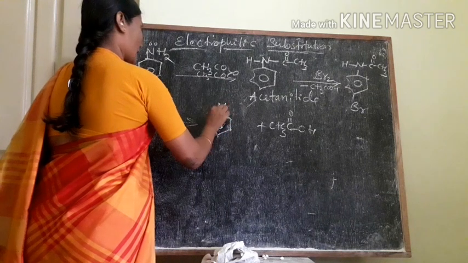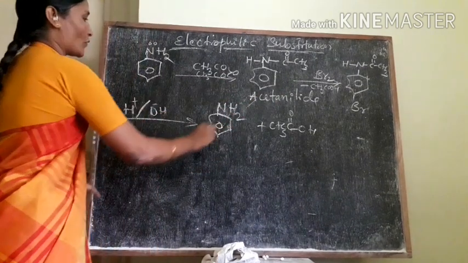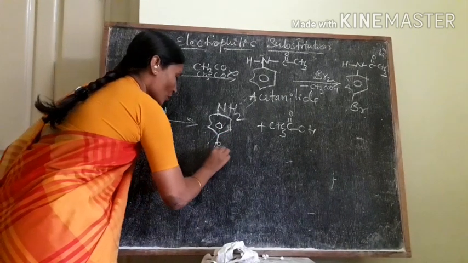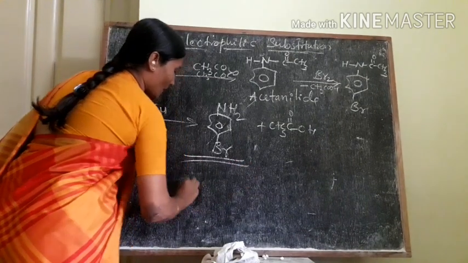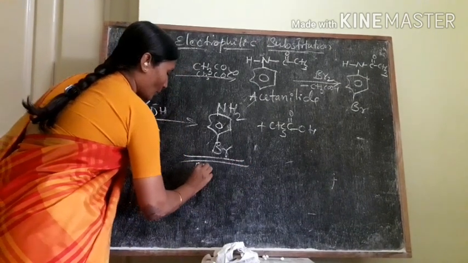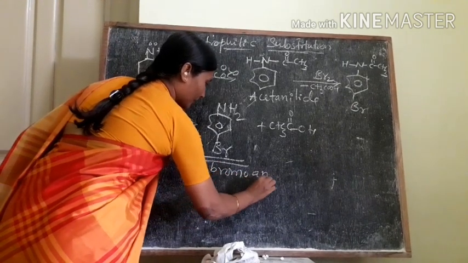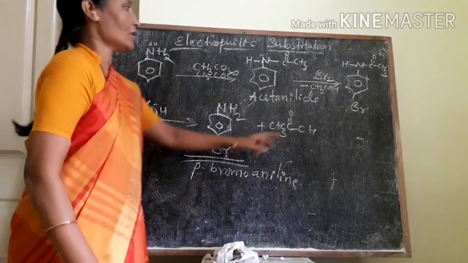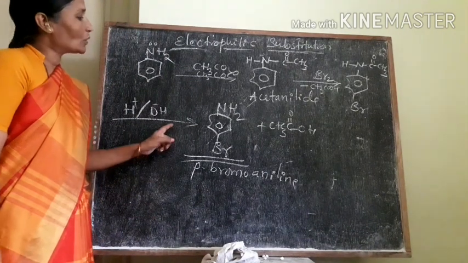Now this NH and H plus combine, forming, as it is aniline, and at the para position what remains is Br. Now it is named para-bromo-aniline, which comes from para-bromo-acetanilide.